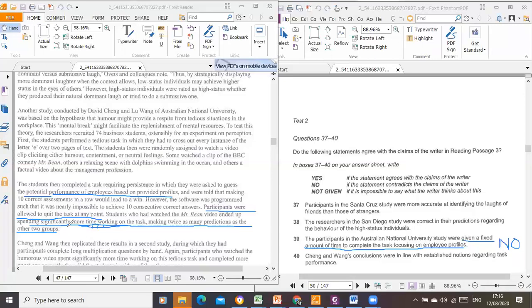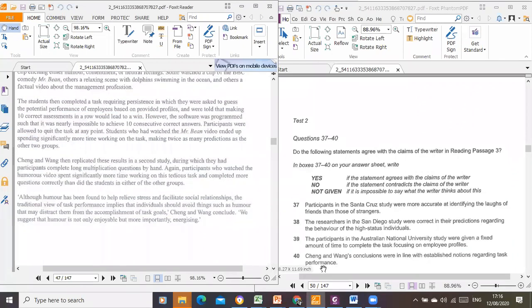That is what the whole thing is all about. And those who have watched a comedy, Mr. Bean, they ended up spending more time than the other people. All right. So you have to be careful of that as well.